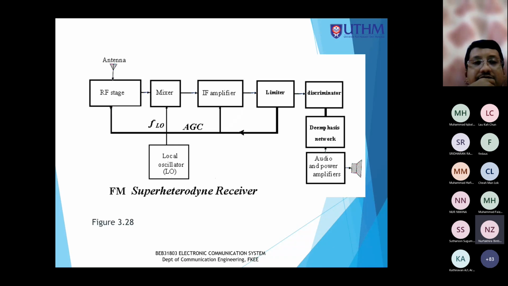If you see the block diagram of the superheterodyne, the superheterodyne receiver for FM is almost similar to the superheterodyne for AM, with a few other components.